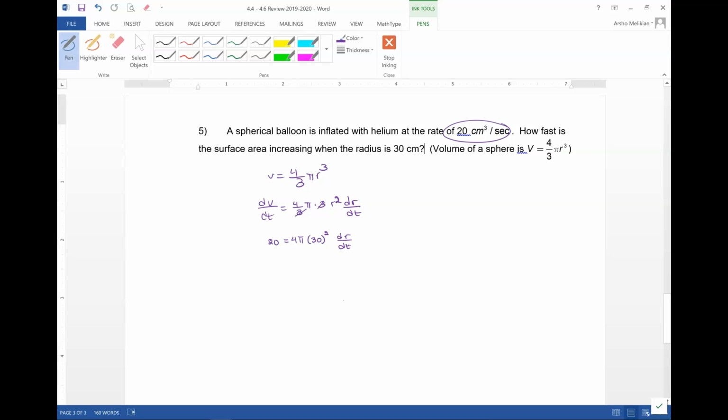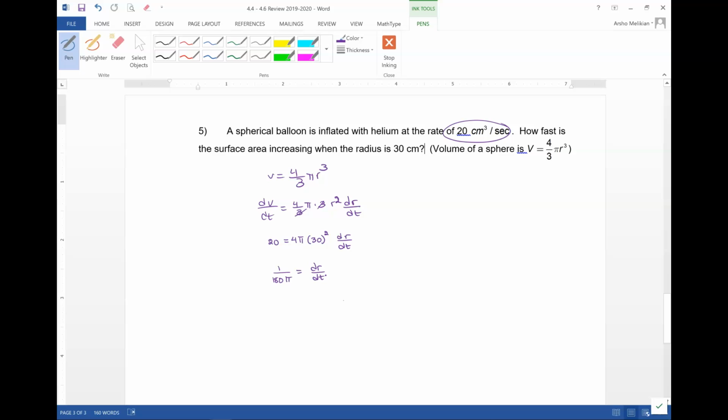First I need to find dr/dt, because when I take a derivative of surface area, I have to put dr/dt in there. So now dr/dt is 1 over 180 pi. Leave it in terms of pi for the beginning.